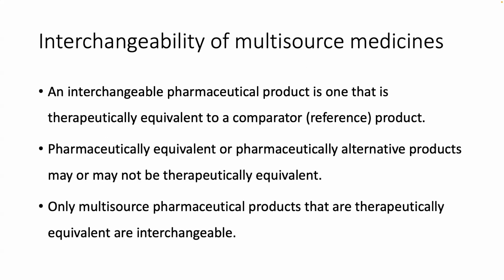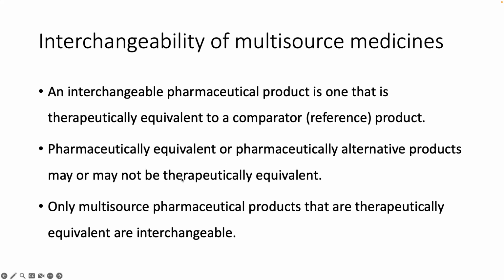Now, for a generic product to be interchangeable with an innovator product, we consider that they must be therapeutically equivalent to the reference product, that's the innovator product. Pharmaceutically equivalent, right, may not be therapeutically equivalent.